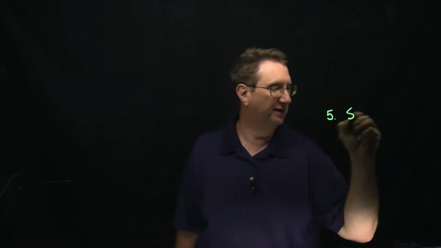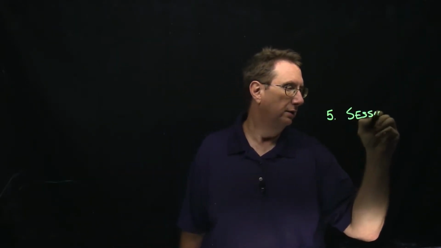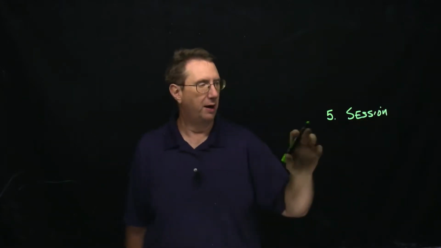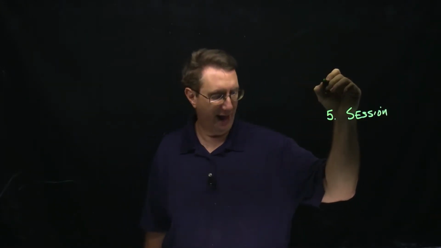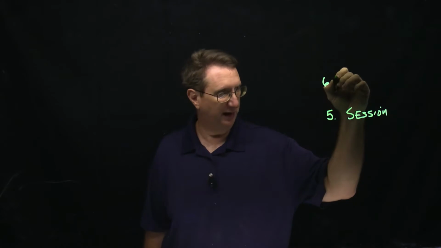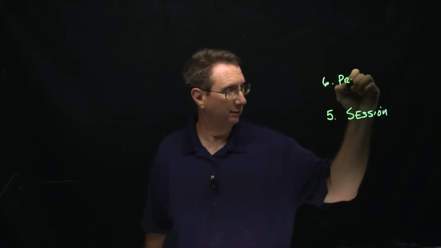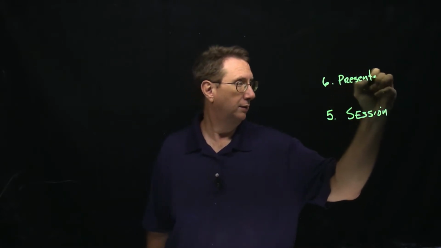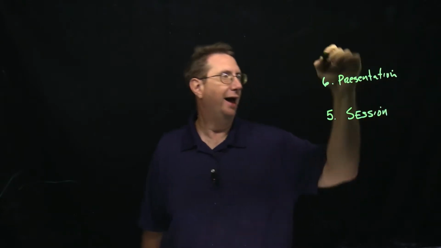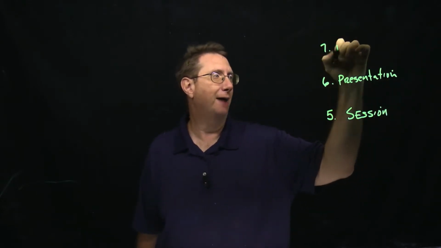The next set of layers that we're going to have are going to be layer 5, and layer 5 is going to be the session layer. Then above the session layer, we are going to have layer 6, which is going to be the presentation layer. And ultimately, we're going to have the application layer.